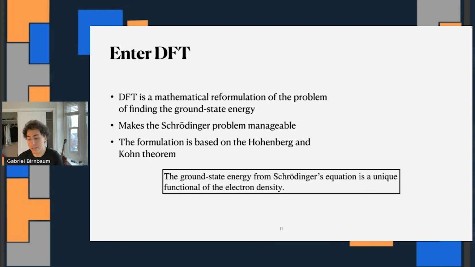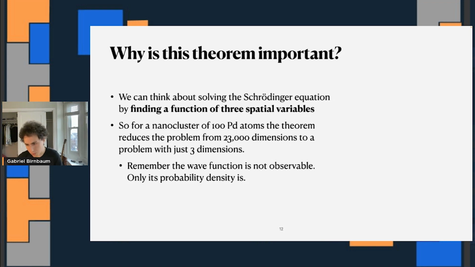This means exactly that there exists a one-to-one mapping between the ground state wave function and the ground state electron density, or basically the electron density of the ground state determines all the properties of the system that you're interested in, which is really good. So why is this important? It means that we can think about solving the Schrödinger equation by finding a function of three spatial variables, which is the electron density. What is the density of the electron? X, Y, Z.